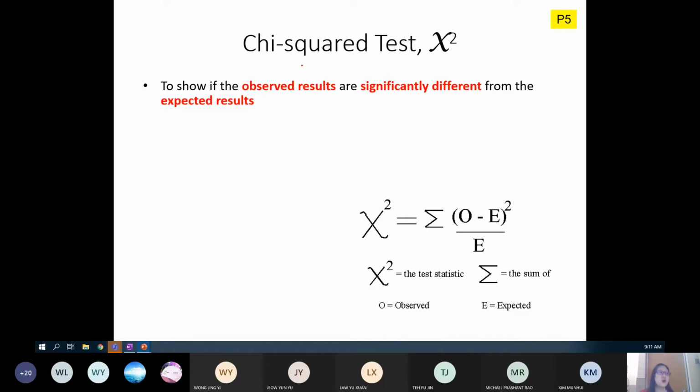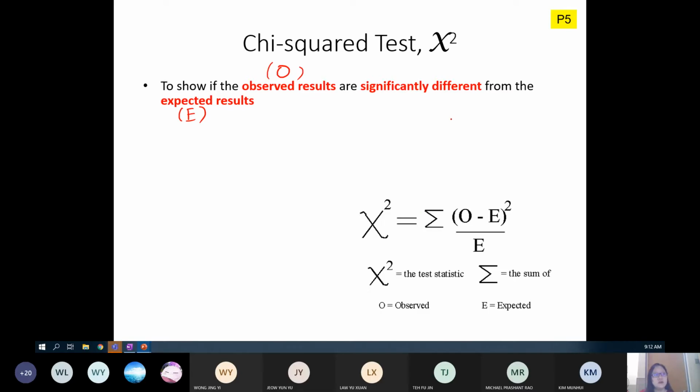So with chi-squared, there's always observed, which we represent as O, and expected, which is E. What do you mean by observed and expected? Okay, this has a lot of applications in genetics.